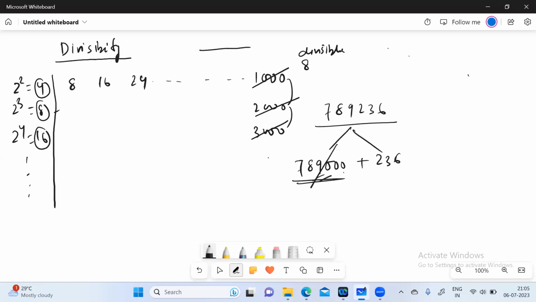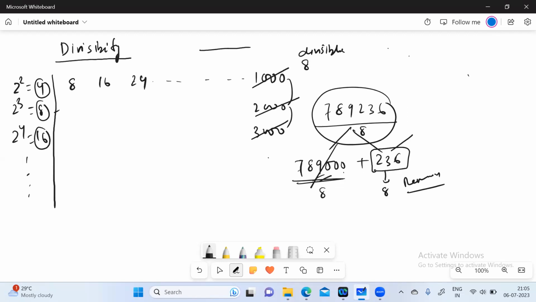I know the thousands part is divisible by 8. We just need to check whether 236 gets divided by 8 or not. If it does, then the number is divisible by 8. And whatever remainder you get here will be the remainder of the entire number when divided by 8. So with the divisibility rule, you can also find the remainder.